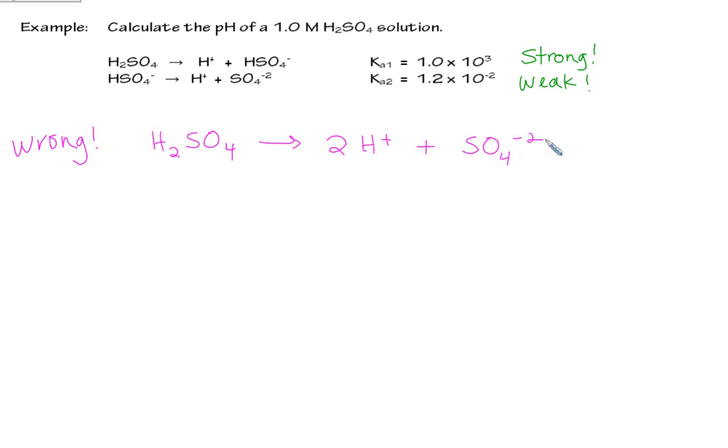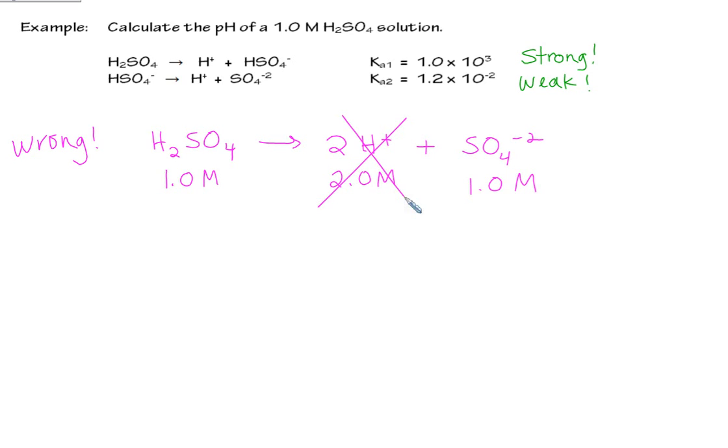So if by chance this started at 1 molar, they want to use this as 2 molar. And then the sulfate would be 1 molar, but we don't really care. Then when they do pH, they'll go opposite log of 2. And that is wrong.